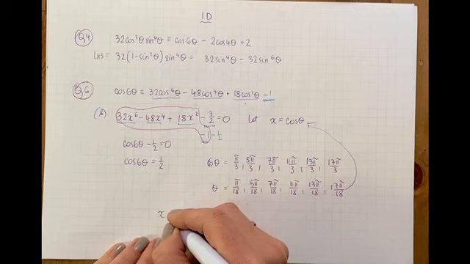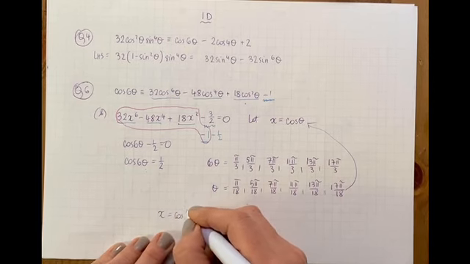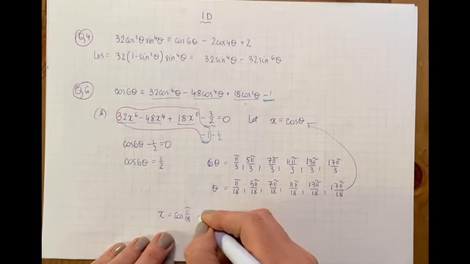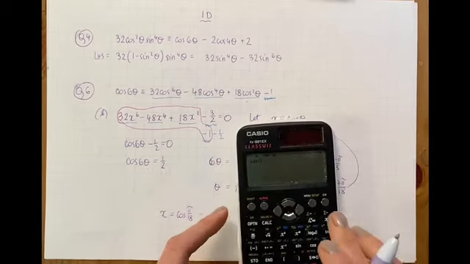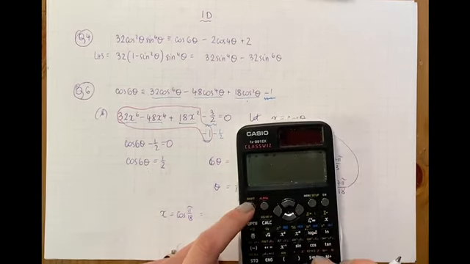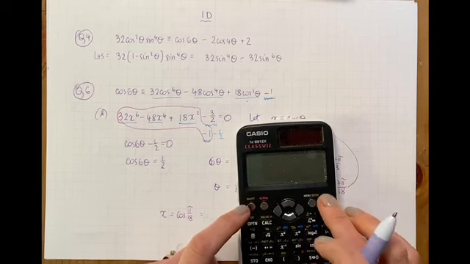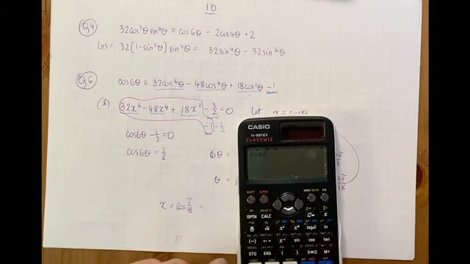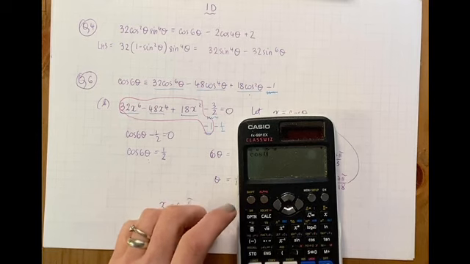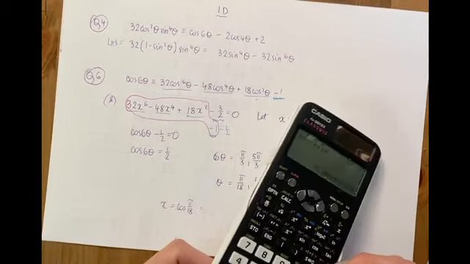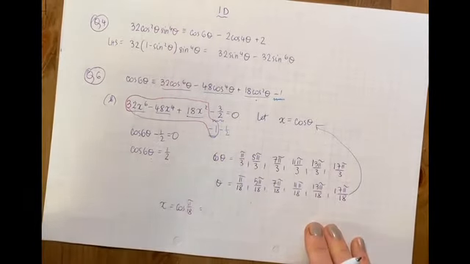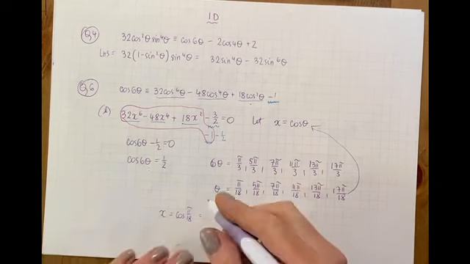So x is equal to cos pi over 18 is my first solution, and I'm just going to do the first one here. So it's cos pi over 18. So that's 0.9848, so 0.985.